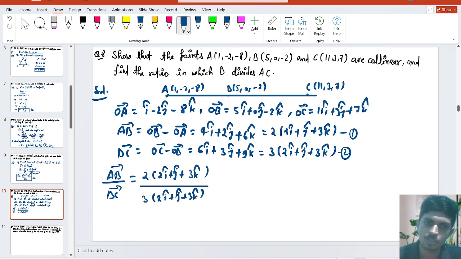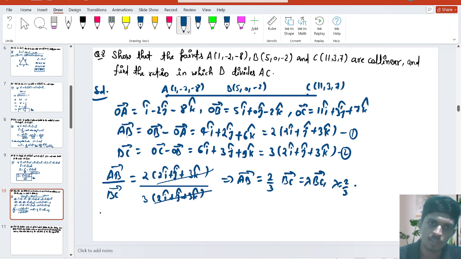I hope it is clear to you. So this cancels out here, and you get vector AB equal to 2 by 3 times the vector BC, and we simply write it as lambda times vector BC, where lambda is equal to 2 by 3. Therefore this implies points A, B and C are collinear.